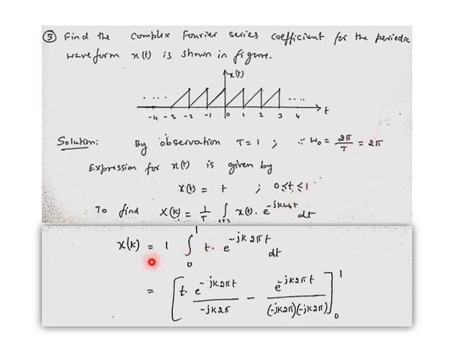So I can substitute T is equal to 1. So X of k is 1 by 1, which is 1 itself. Integration over one fundamental period I'll take from 0 to 1. So 0 to 1, with x of t you can substitute t, e to the power minus jk 2 pi t dt. So we have a two-term multiplication here.